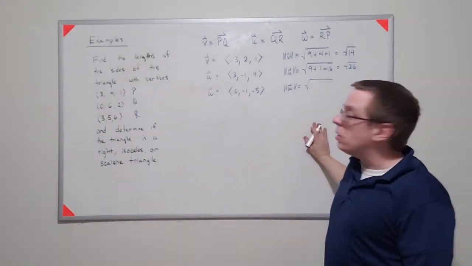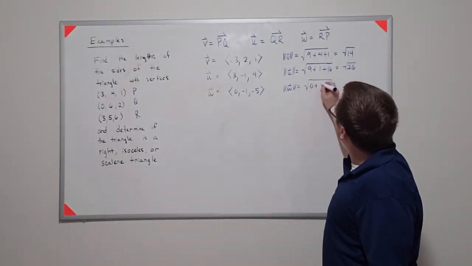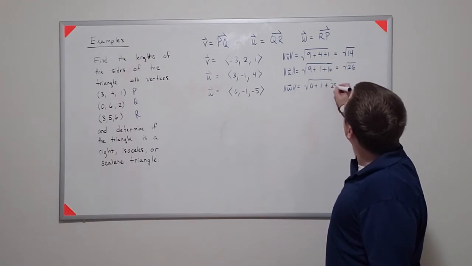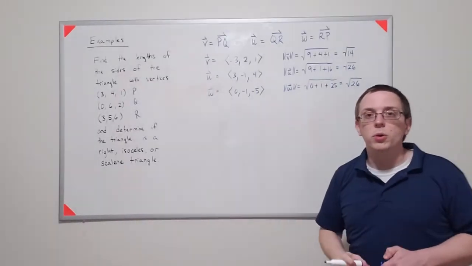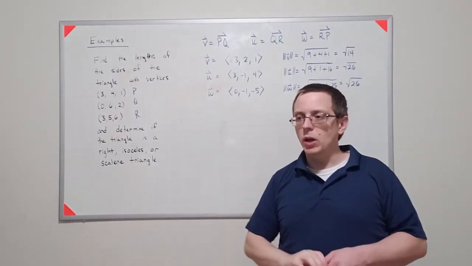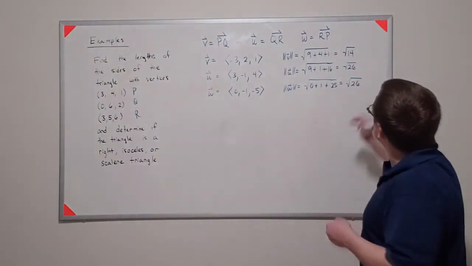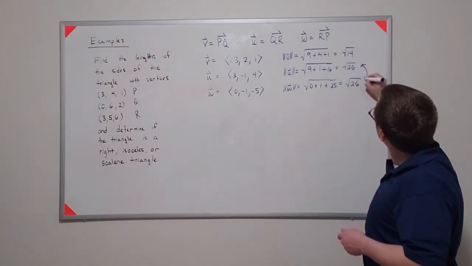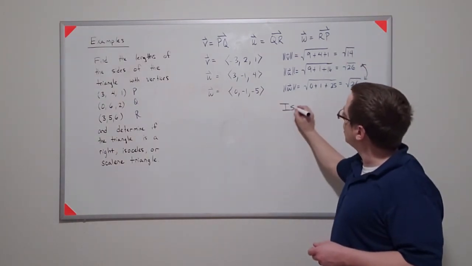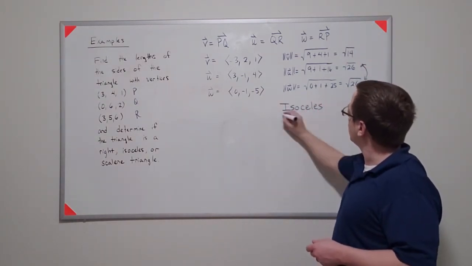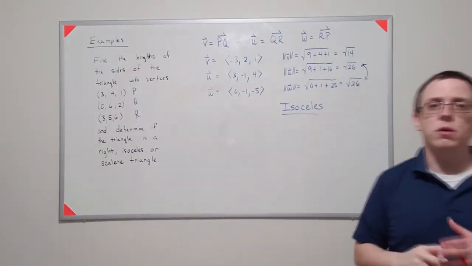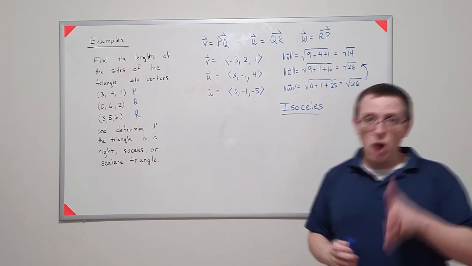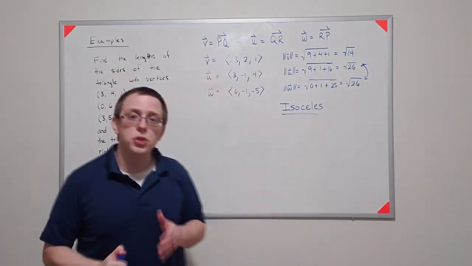And the magnitude of W, 0 + 1 + 25, is the square root of 26. So, since these match, it's an isosceles triangle.